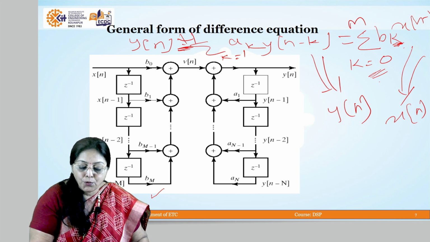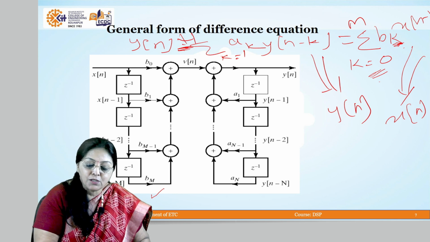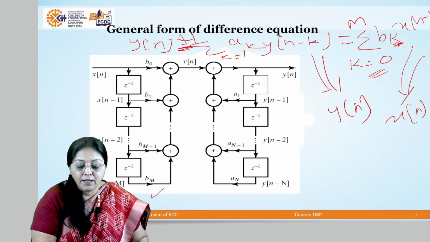So a1, a2, a3, up to the last one, a of N, are the multipliers required. Moving the term to the other side, y of n equals minus, or it becomes plus on this side.